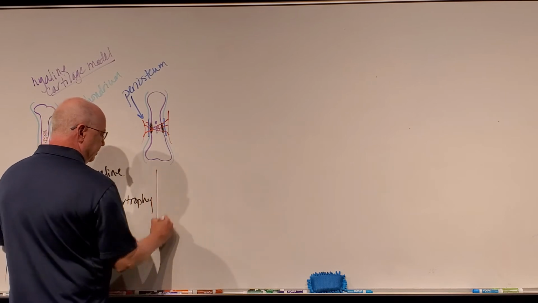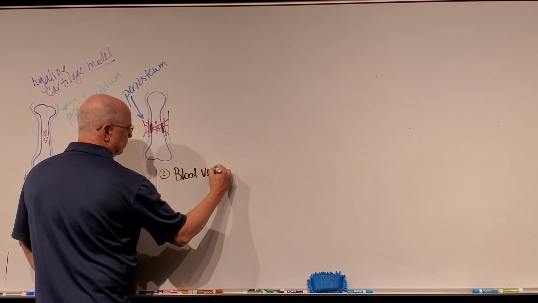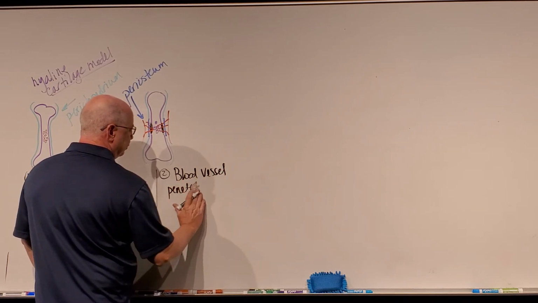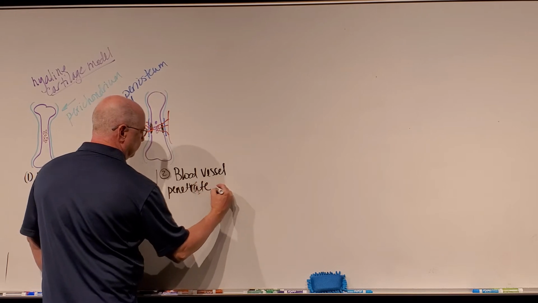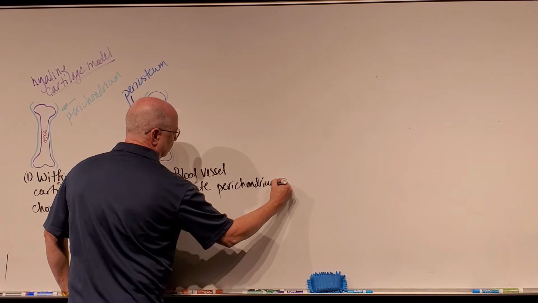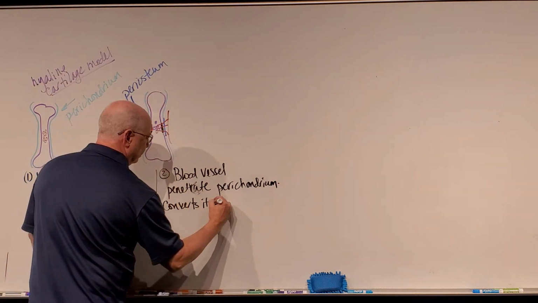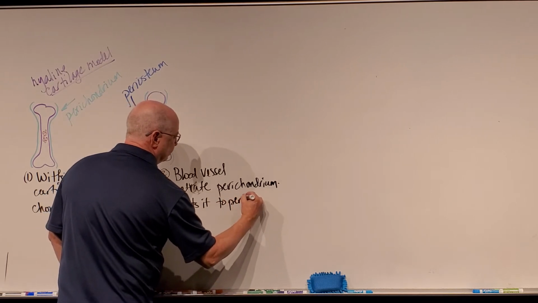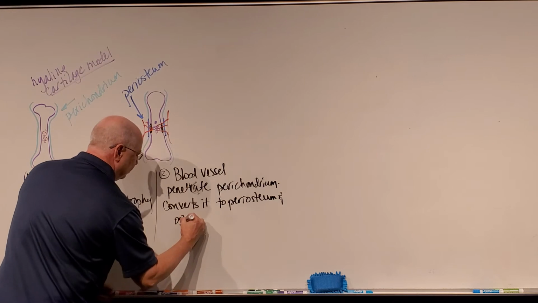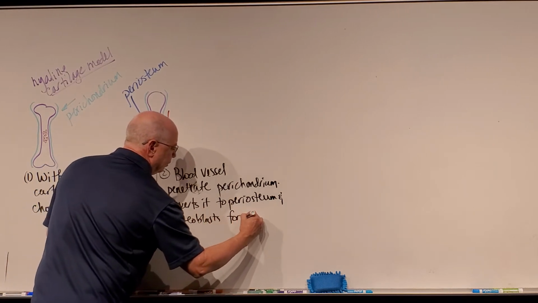And that's really what's happening in our second step, is that blood vessels penetrate the perichondrium. This converts it to periosteum. And osteoblasts form a collar of bone.